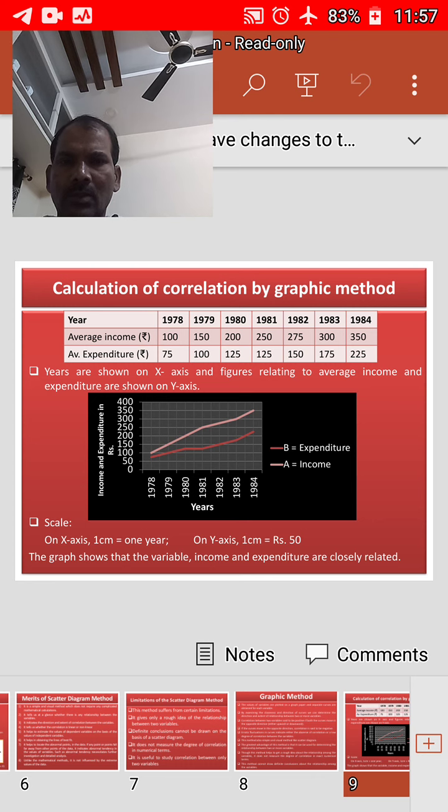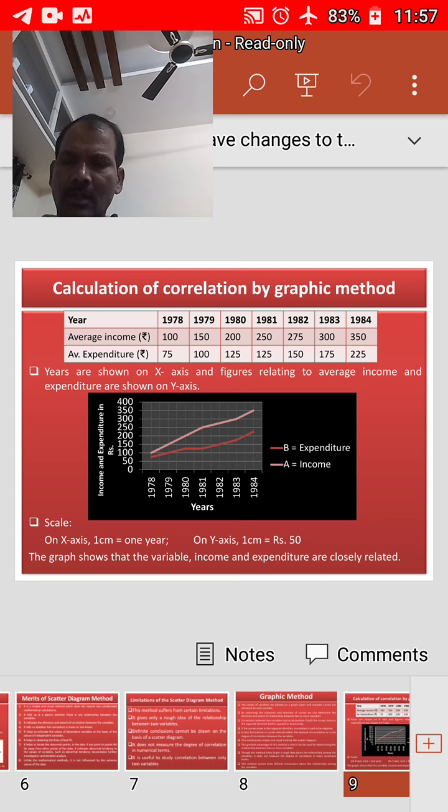Based on this, we need to draw a graph. Years are shown on the x-axis, and figures relating to average income and expenditure are shown on the y-axis.